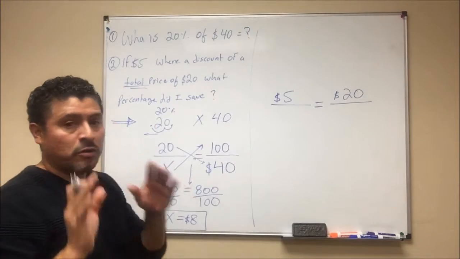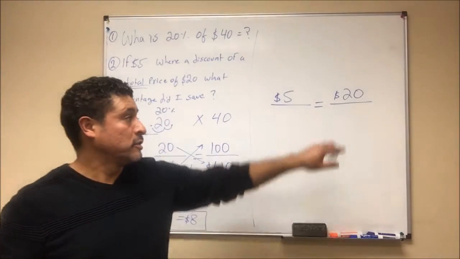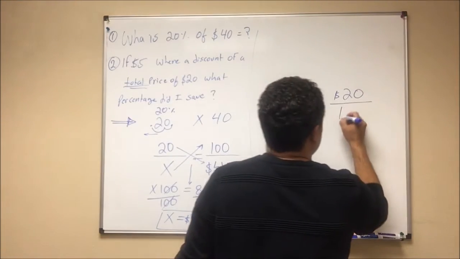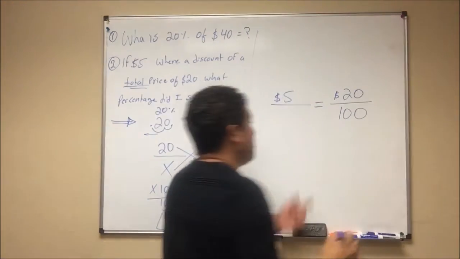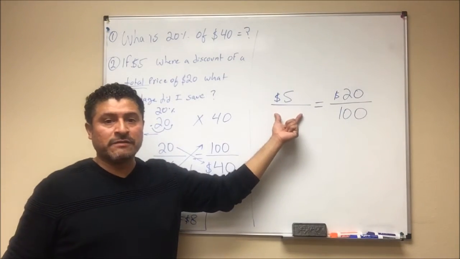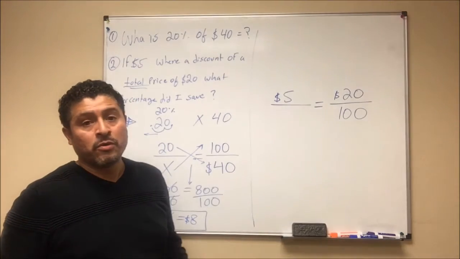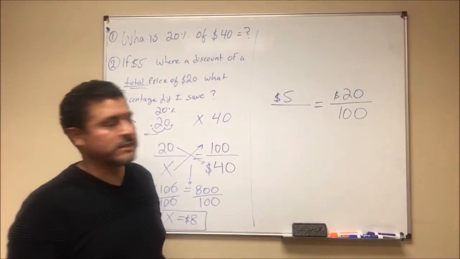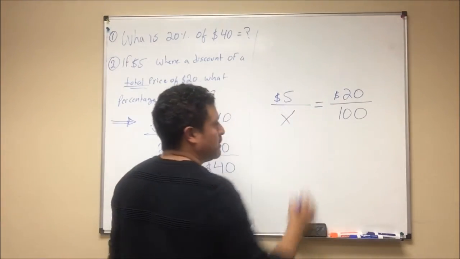Total always represents 100%. So that means that the 100% goes under the 20. So that's 100%. But we're looking for the percentage that you saved. So remember, we use a variable. We don't know what the percentage is. So we use X. I'm gonna go ahead and place an X here.